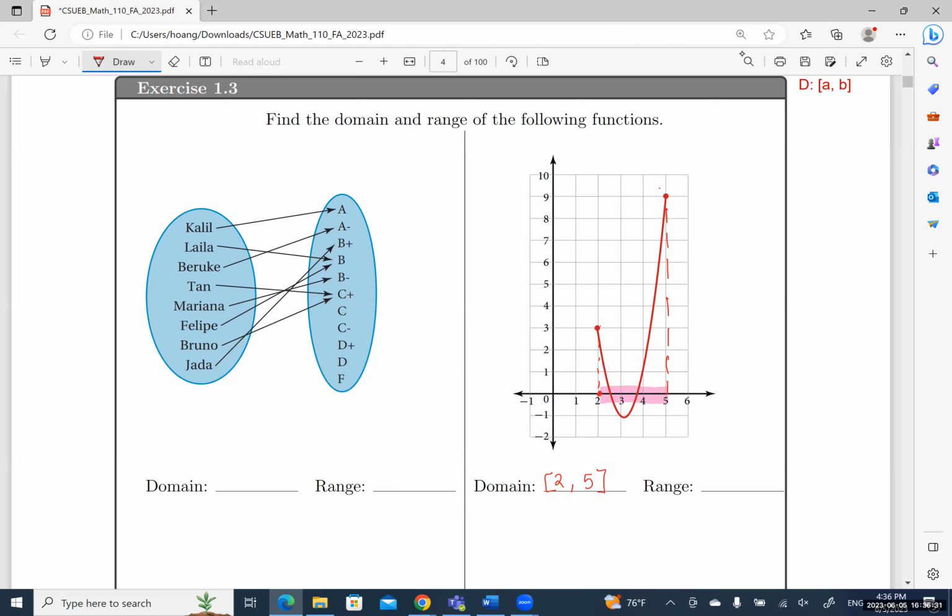Bracket stands for inclusive. Another way to write it, not in interval notation but in inequality notation, I'm going to say x is in between 2 and 5. So both are answers.